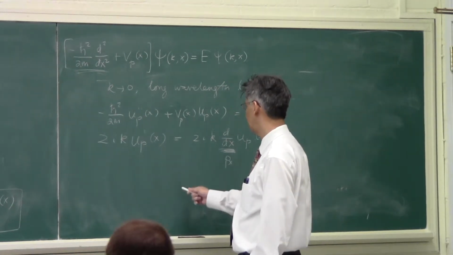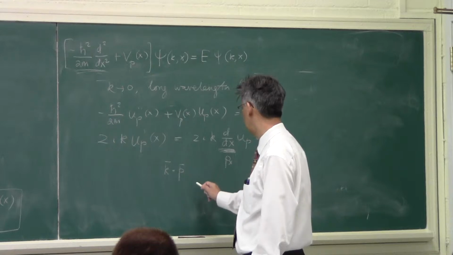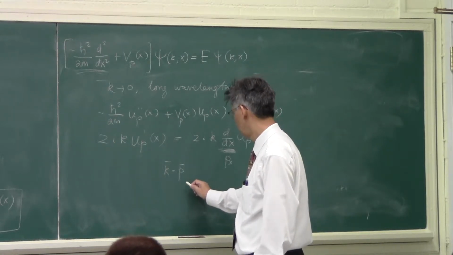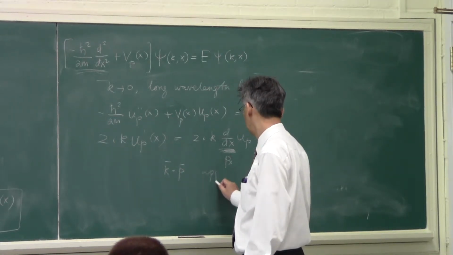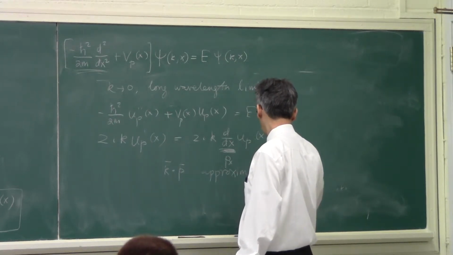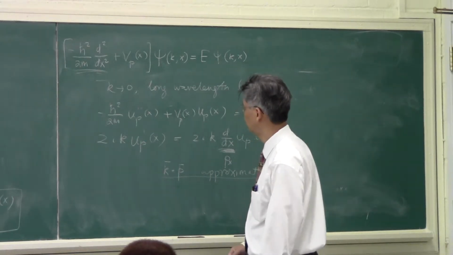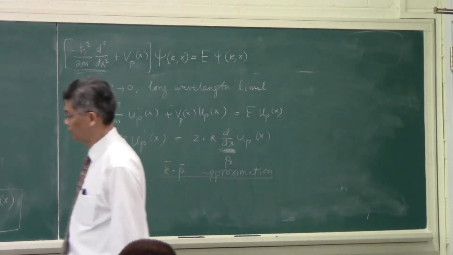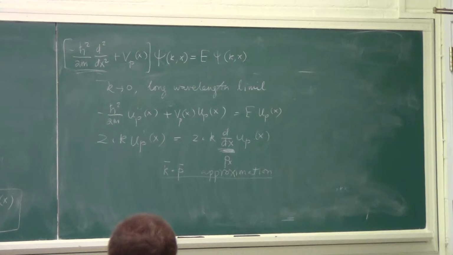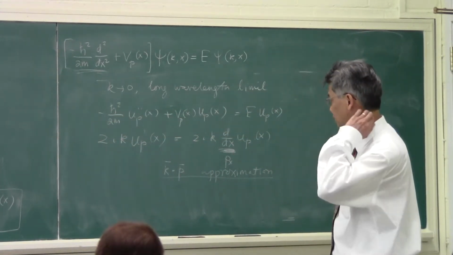So if you keep only this term, this is in the literature known as the k dot p approximation. It is not only done here, but it can also be done later on in the effective mass approximation. And of course you can keep this term in its full glory and keep the k squared term as well.